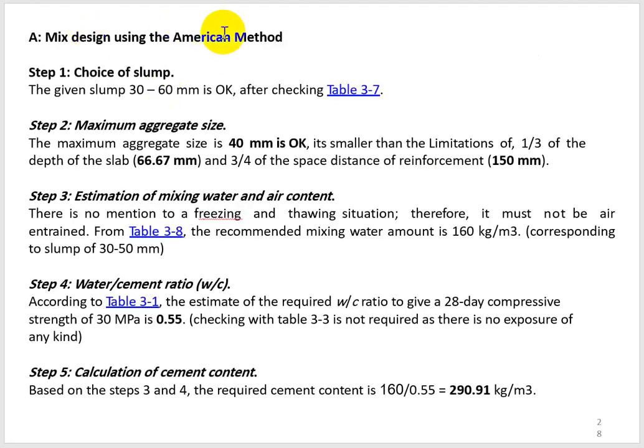So we first start with the American method, and we follow the same steps we learned in the previous examples and lectures. So first we check the slump, and the slump is okay.